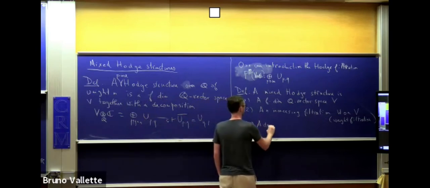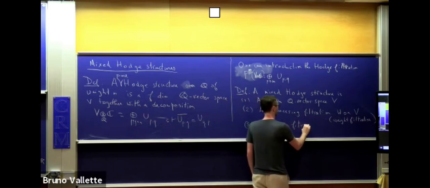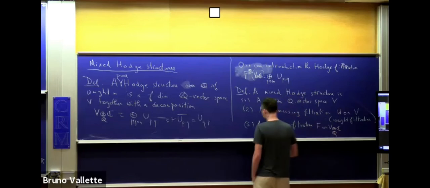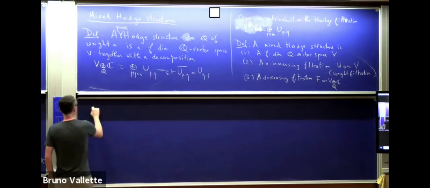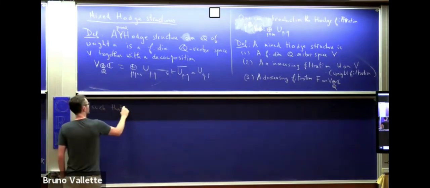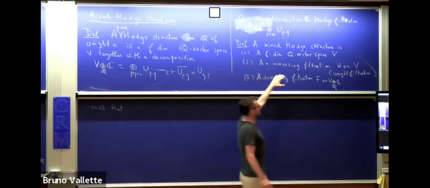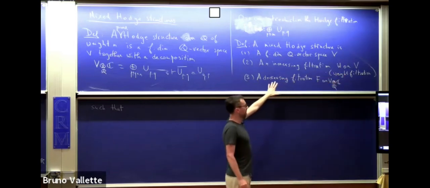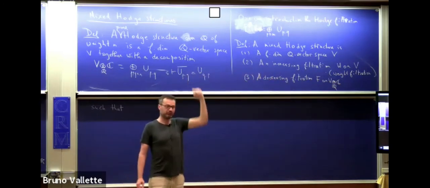decreasing filtration F on V tensor C, such that on the nth term of the associated graded for the W filtration on V, I require that the induced filtration F is a pure Hodge structure of weight n.